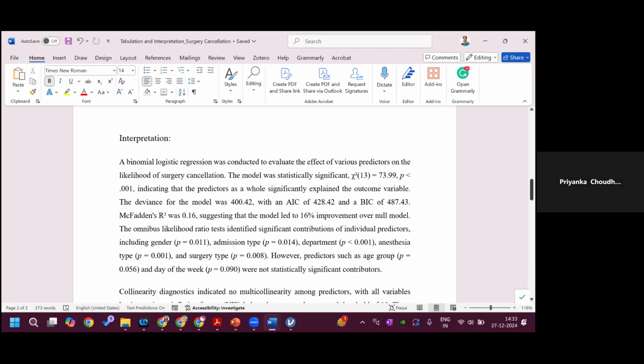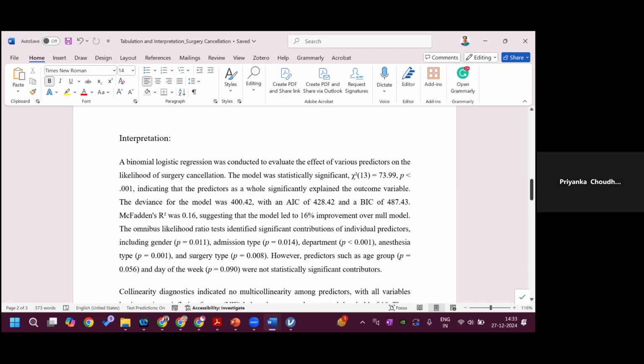The deviance for the model was 400.42 with an AIC of 428.42 and a BIC of 487.43. McFadden R square was 0.16, suggesting that the model led to a 16% improvement over the null model.